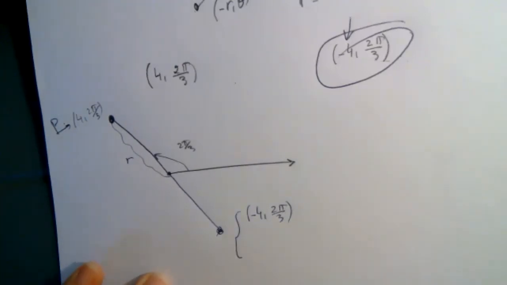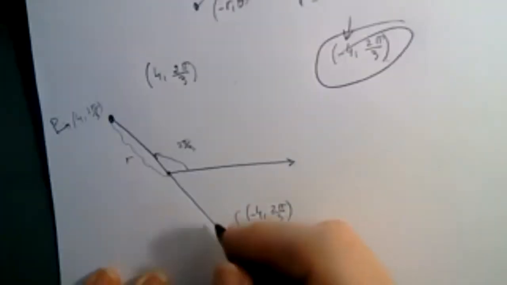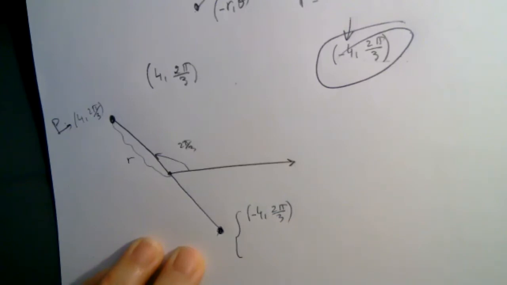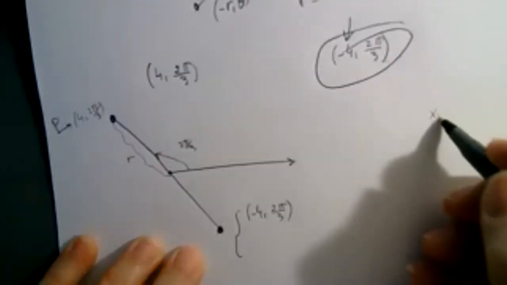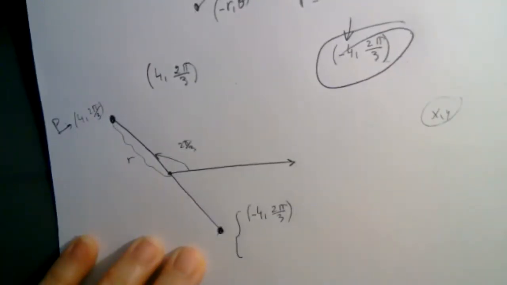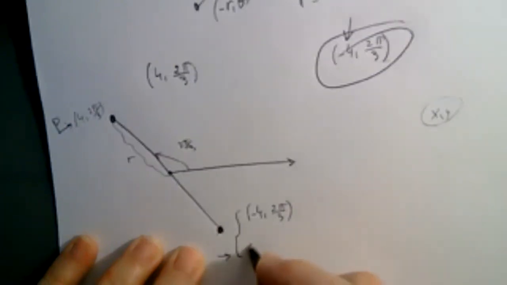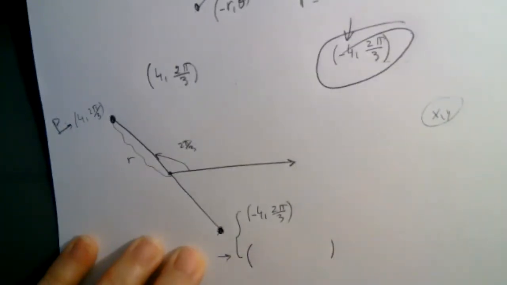And then we talked about the idea that in polar coordinates, a point can have different representations, not only one. In Cartesian, and that's an important difference, every point has one representation. In polar, it can have another one. So who can give me another representation of this point with a positive 4?